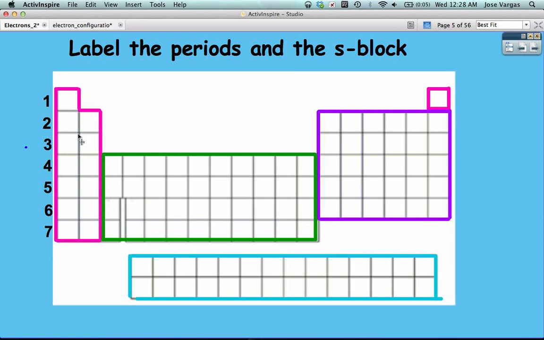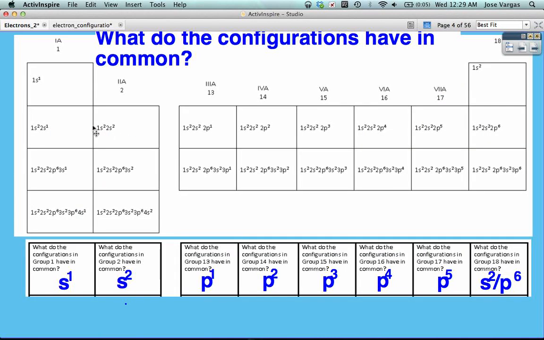We're going to call them blocks. Here's a different block, and a different block. This pink one, you can do it whatever color, doesn't matter. We're going to label it the s block. Why? Well, we can see that all of them are s1 here, s2 here, and this is the other one.